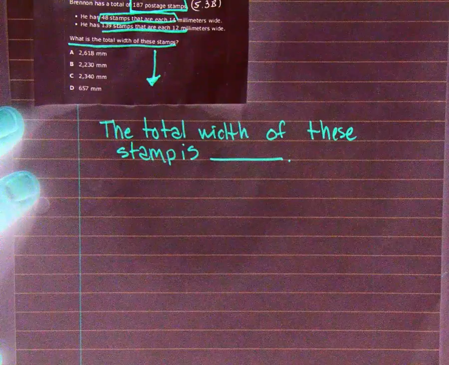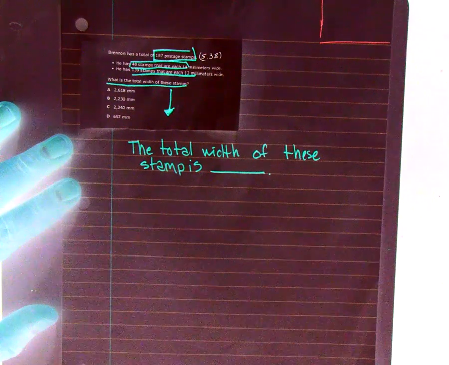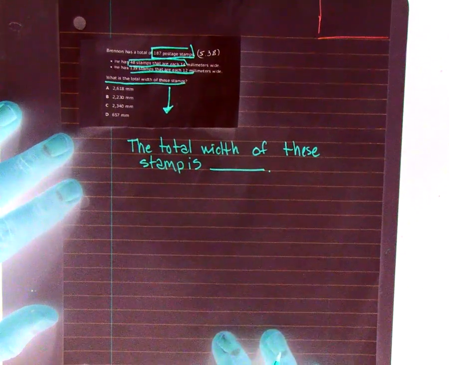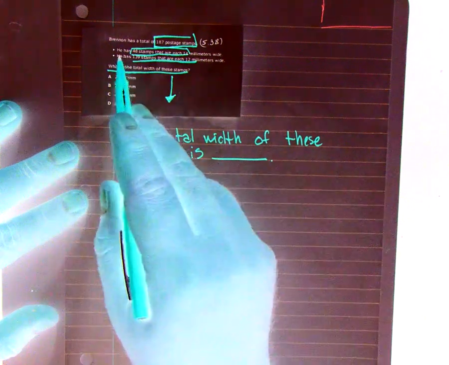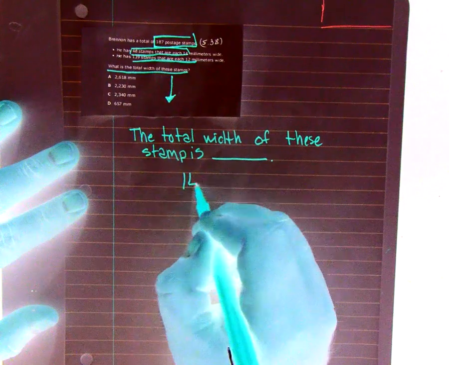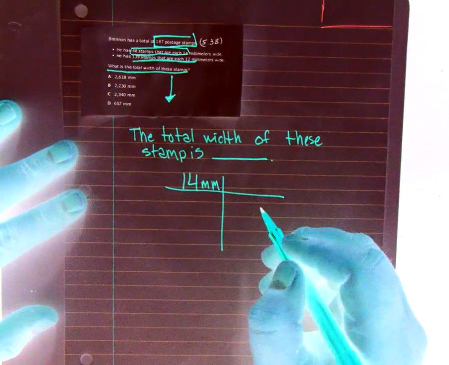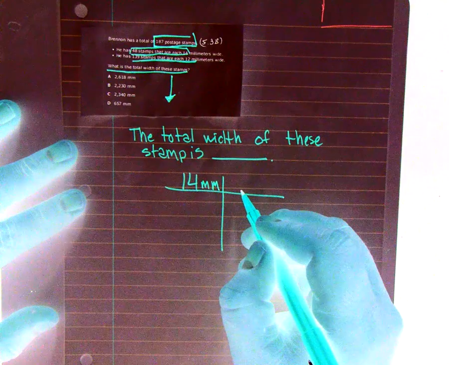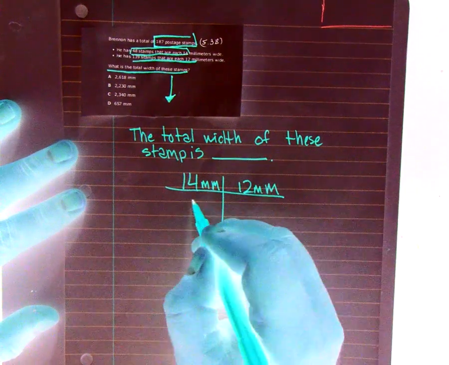I also ask them to show me, besides their multiplication work or whatever operation, some representation of how they got the answer. For this example, he has 48 stamps that are each 14 millimeters wide. So we did a T-chart and put down these 14 millimeter stamps and these 12 millimeter stamps.